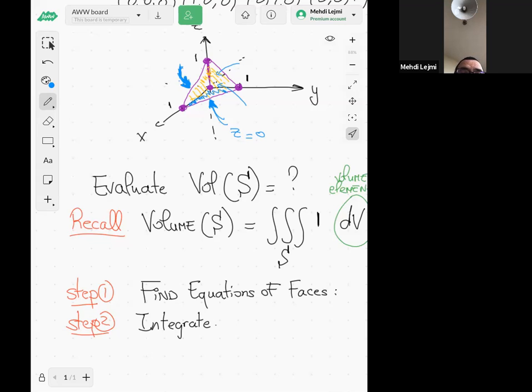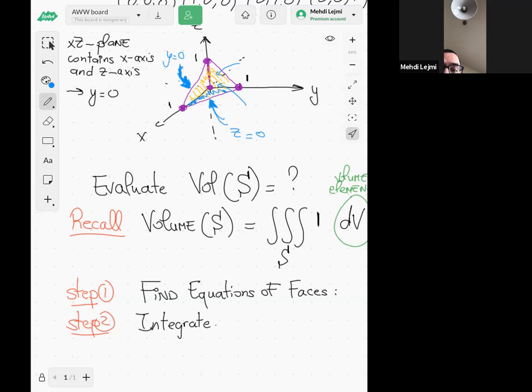What is the equation of the XZ plane? Any point in the XZ plane has a Y coordinate of 0. So the equation of this face is y equals 0.